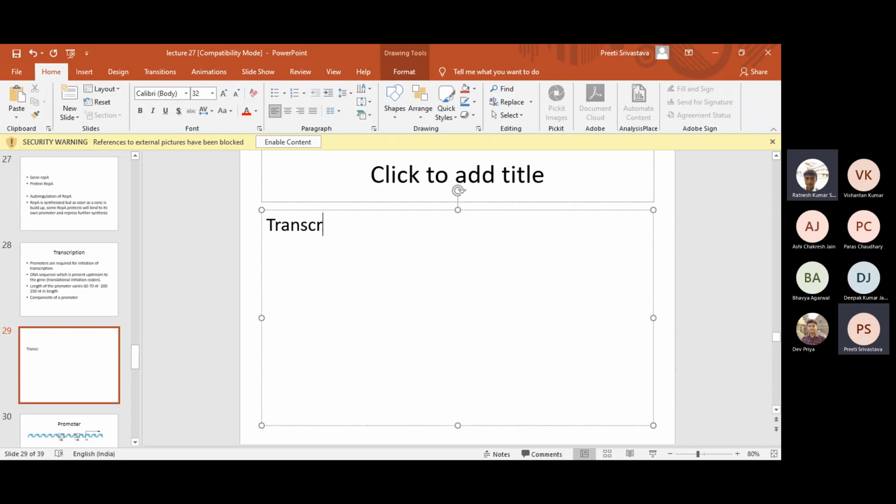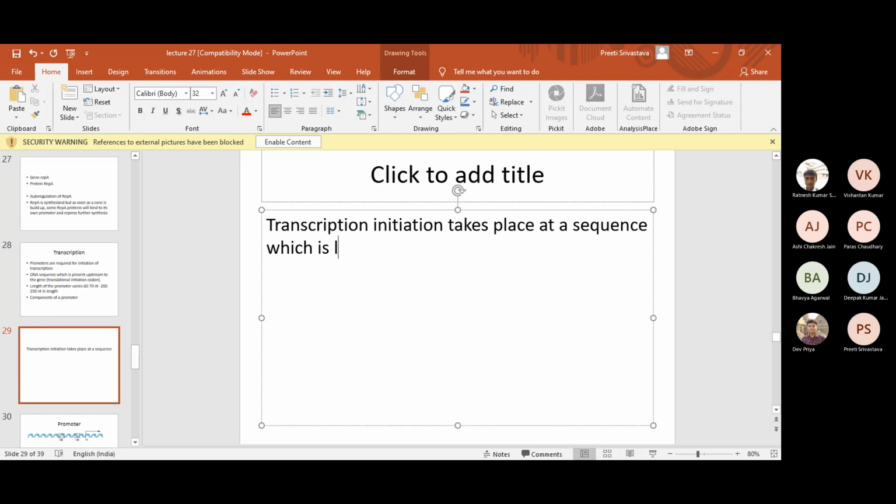Transcription initiation takes place at a sequence which is labeled as +1. The transcription initiation nucleotide is labeled as +1, and any sequence upstream to this +1 is numbered in the minus direction. Is it fine or no?